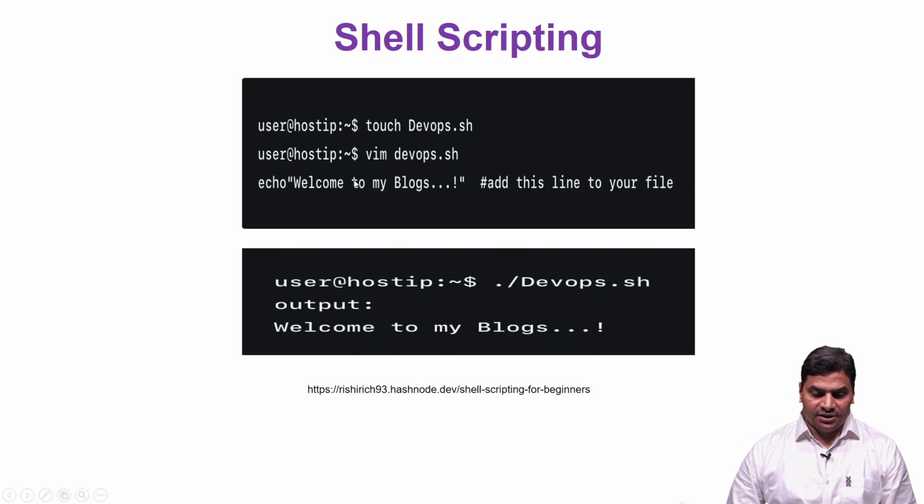Here, for example, we are developing a shell script: we have created a DevOps shell script file, and now we are editing inside it "welcome to my blog", and using ./develops.sh we have executed this script file. All the commands will be executed together and you will see the output "welcome to my blogs".